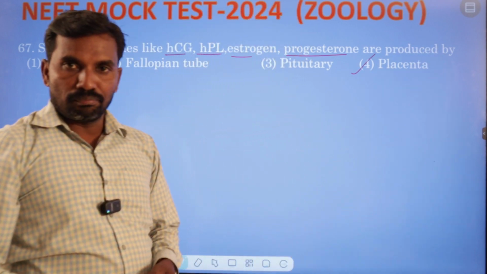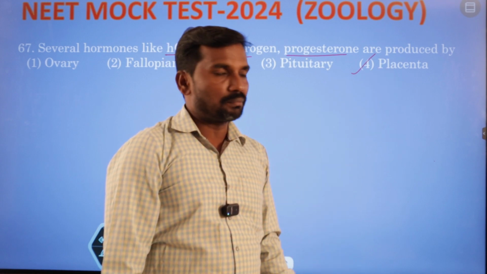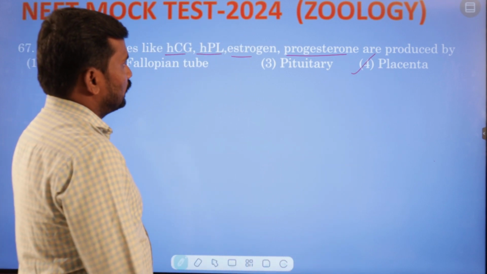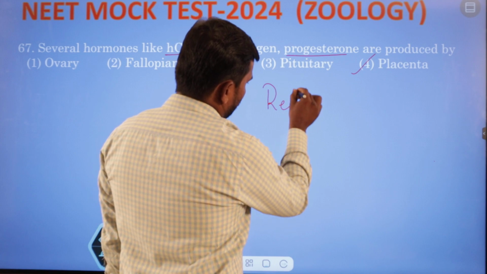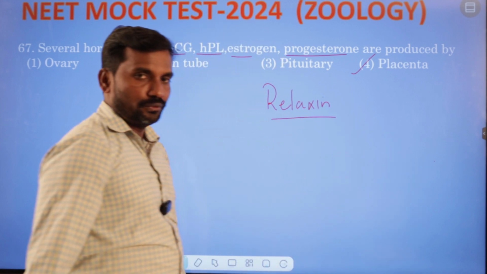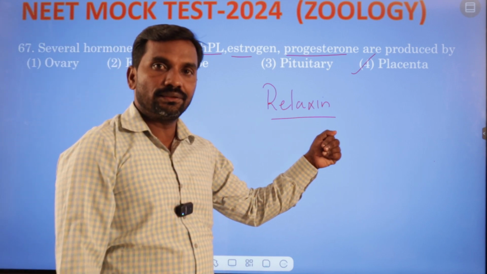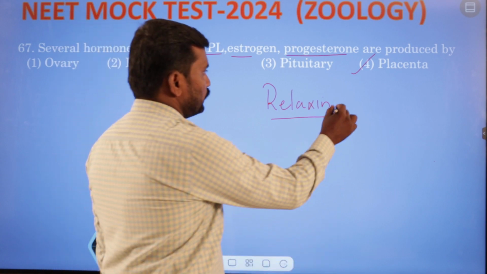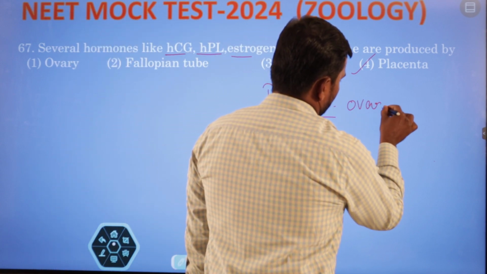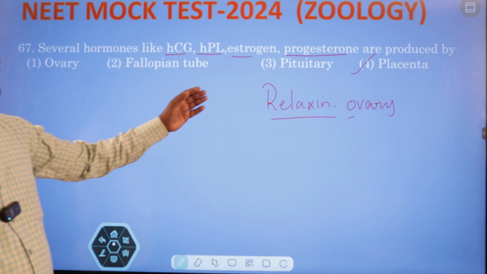In the earlier stage, all these hormones are produced from the placenta. Then what about relaxin? Relaxin is also needed to complete the process of parturition. Relaxin is usually produced in the later stage of pregnancy from the ovary; it is an ovarian hormone. All the others are placental hormones.